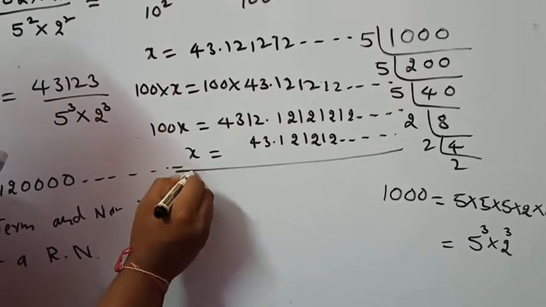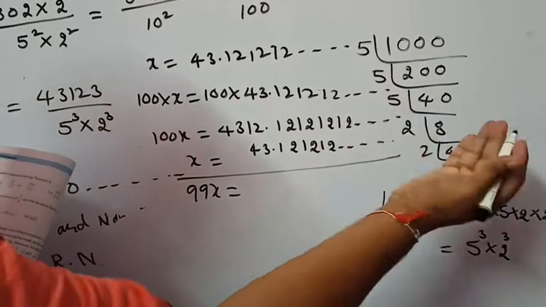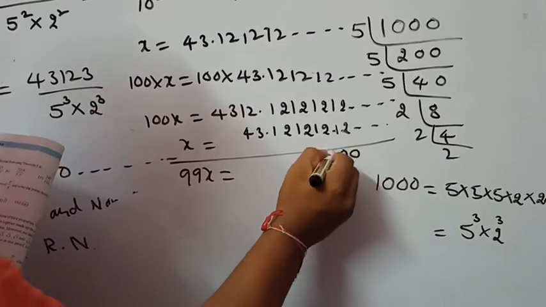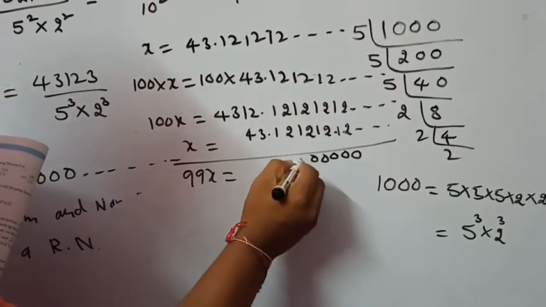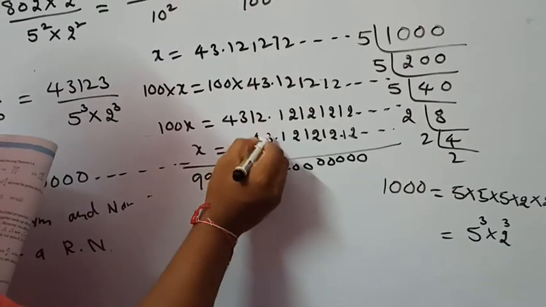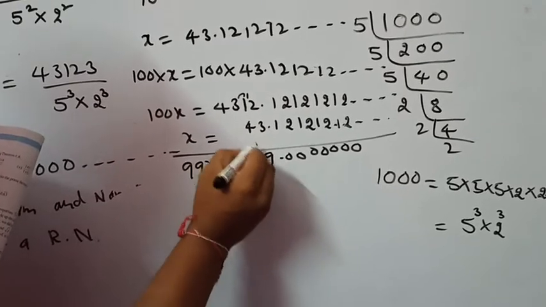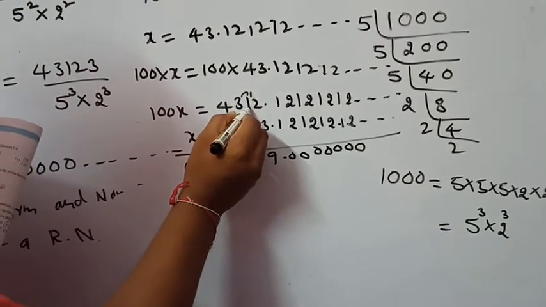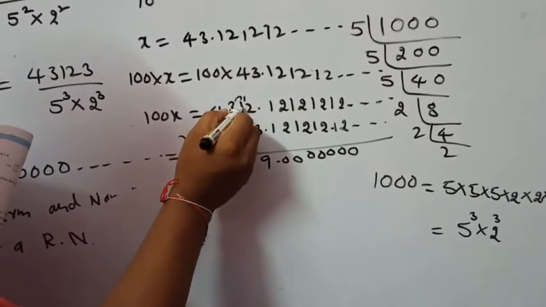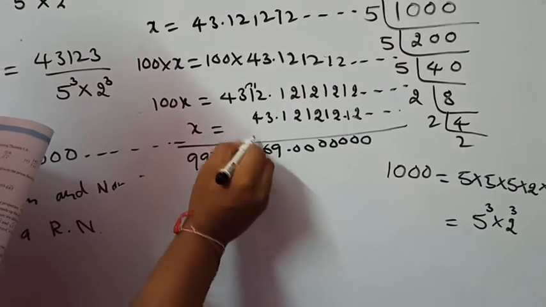Subtract 100x minus x, 99x equal, from right to left you have to subtract. Here 2 minus 2 is 0. 2 minus 3, we can't subtract 3 from 2, so carry forward 1. 12 minus 3 is 9. Here 0, again carry forward 1, that means here 10. 10 minus 4 is 6, here 2.